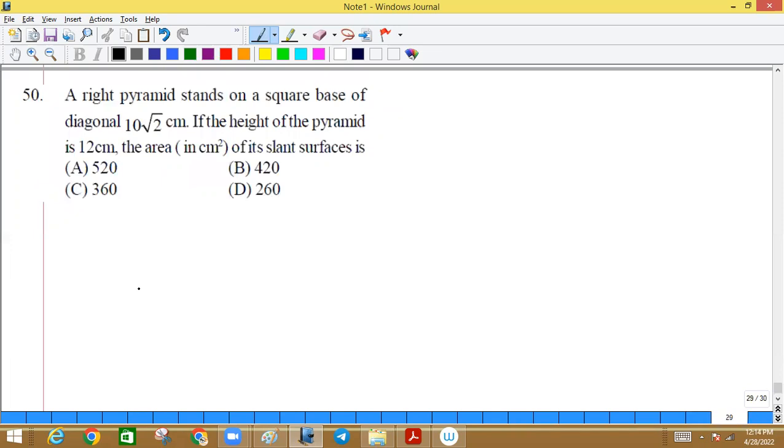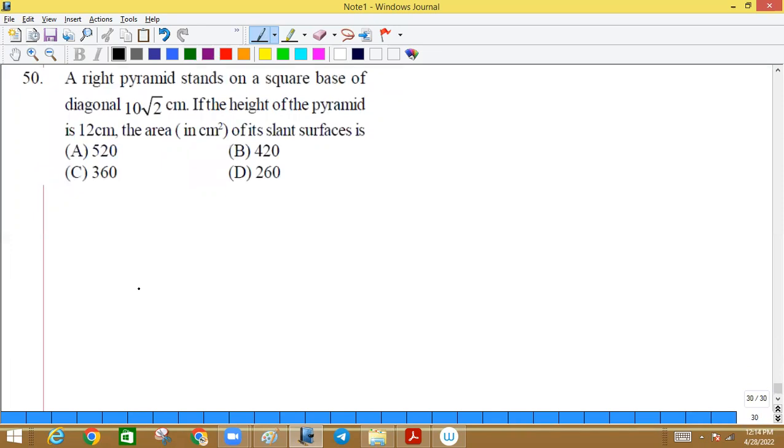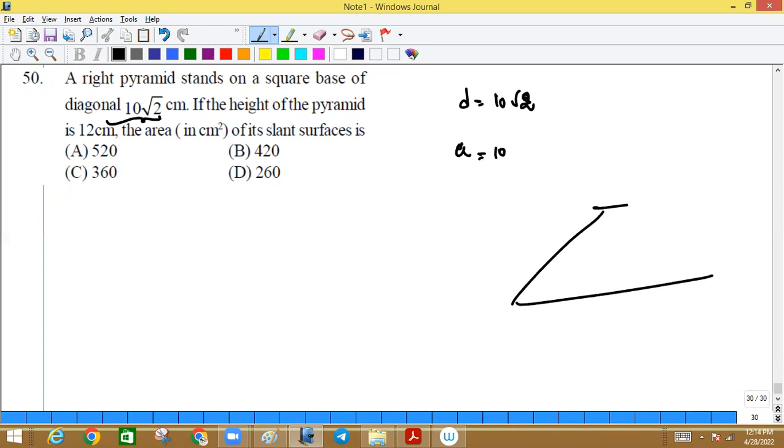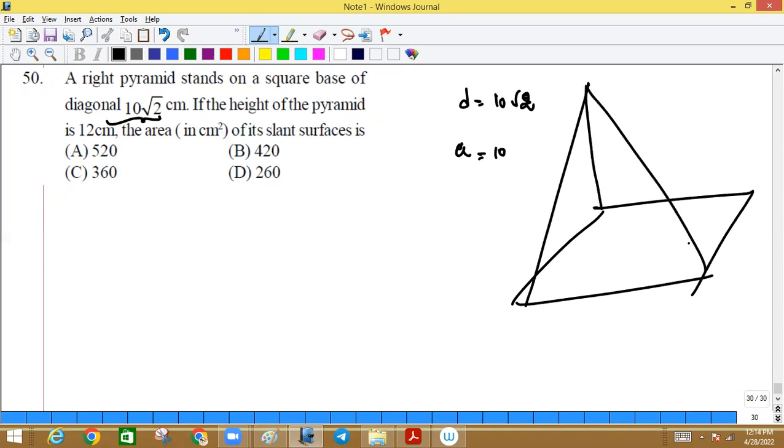A right pyramid stands on a square base of diagonal 10 root 2. The diagonal of a square is 10 root 2 means the side of the square is 10. Right? It is like this. So the diagonal of the square below is 10 root 2, side is 10.